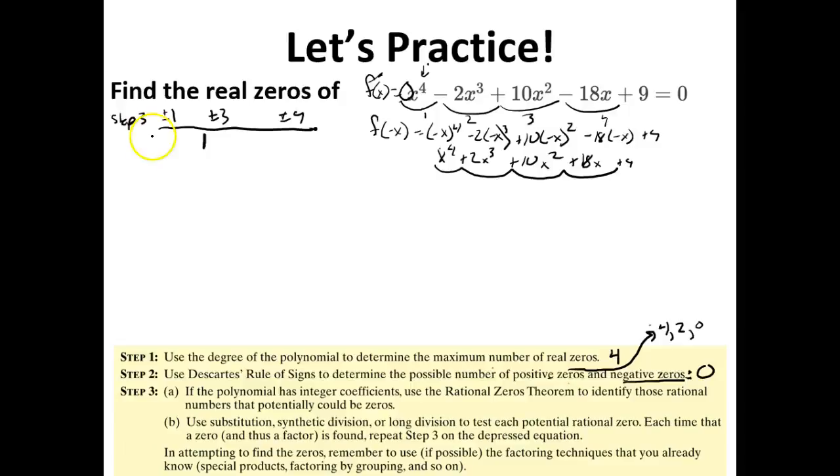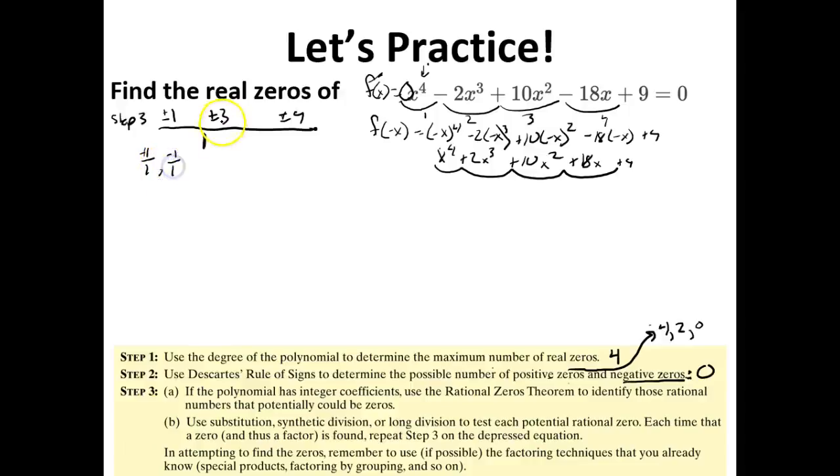Now, what this is telling us is that if there is a possible zero that can be written as a fraction, it's going to be in this list. What exactly is this list? If I start with the plus 1, we have plus 1 over 1 or minus 1 over 1.